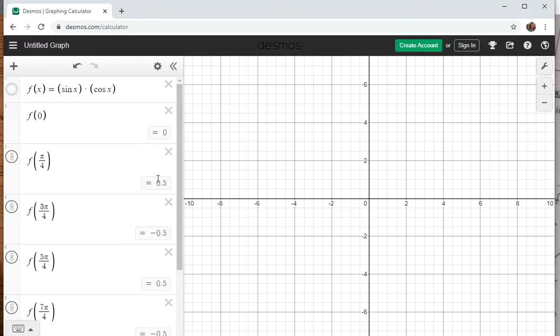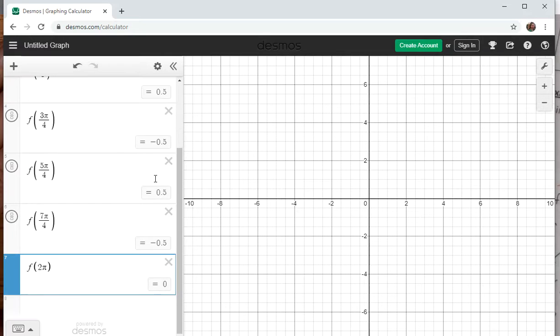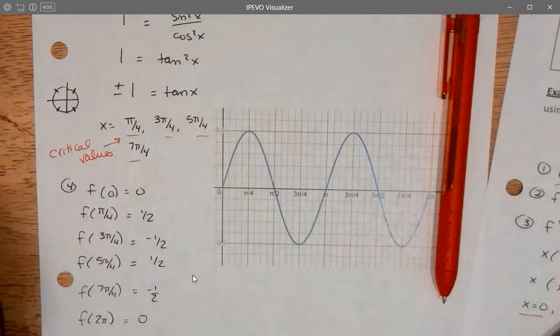Okay, so we have f of 0 is 0, f of pi fourths is 1/2, 3 pi fourths negative 1/2, 5 pi fourths positive 1/2, 7 pi fourths negative 1/2, and 2 pi, we're back to 0. Again, those were plugged into the original f, not into the derivative.